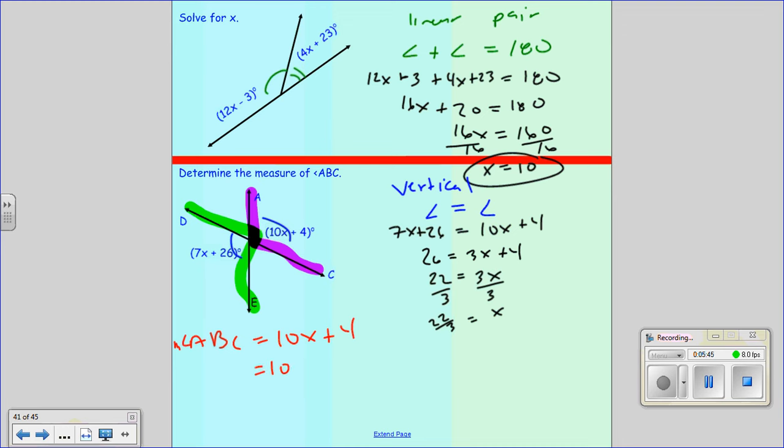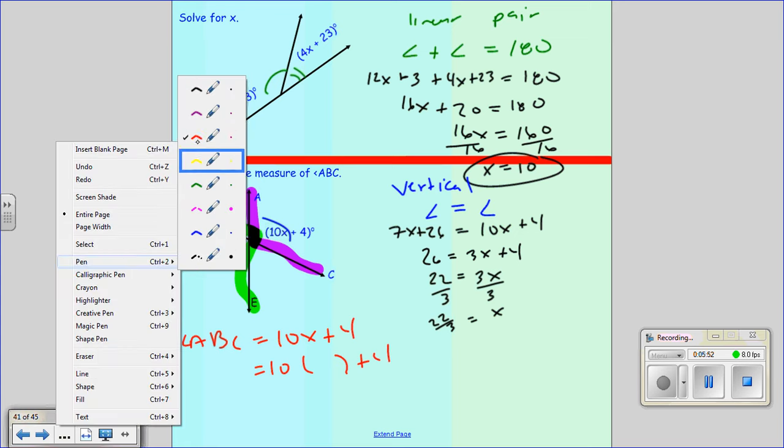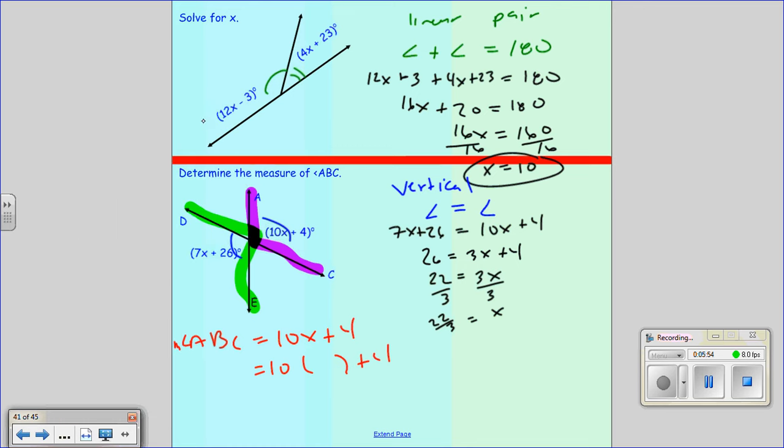So now we're going to substitute our 22 thirds for x, since we know what it is now. And at this time would be a good time to grab a calculator so that you get the most accurate answer you possibly can.